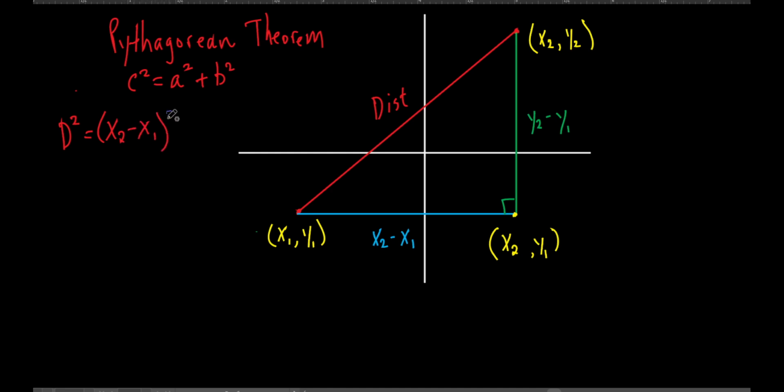Squaring it. Remember I said a couple minutes ago, we're going to guarantee that that comes out to a positive number. What guarantees that it comes out positive? Not the absolute value, but the squaring, right? Because when you square anything, it's always going to be positive. And then plus what? Yep, y2 minus y1. I keep clicking that button on the pen.